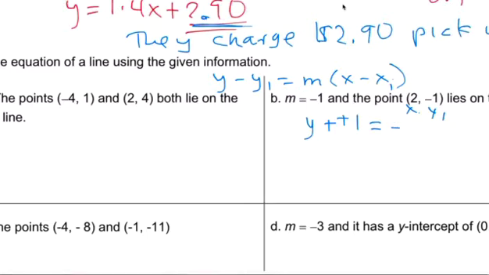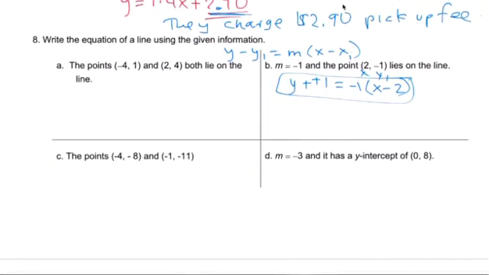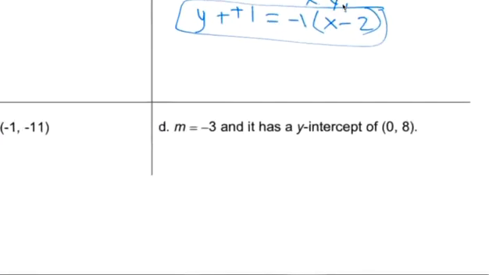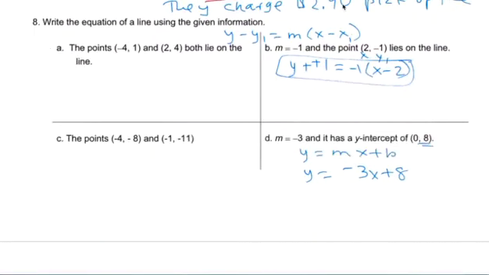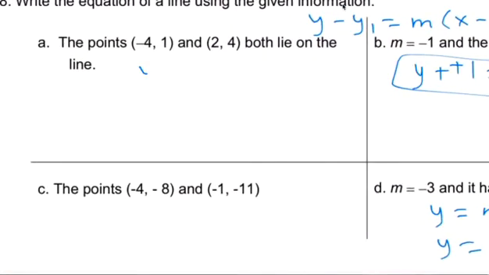Equals m, which is negative 1, parentheses x minus x sub 1, which is 2 right there. And this one I would use slope intercept. Y equals mx plus b, because this would be y equals negative 3x plus 8. And all these I would find the slope and just use y minus y sub 1 equals m parentheses x minus x sub 1. All I need to do is find the slope and put it in. Really easy.